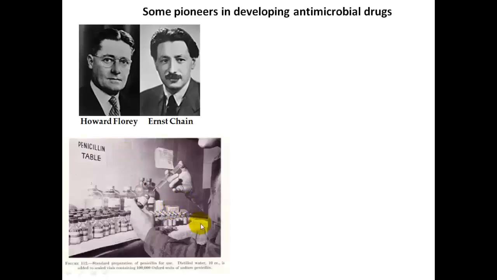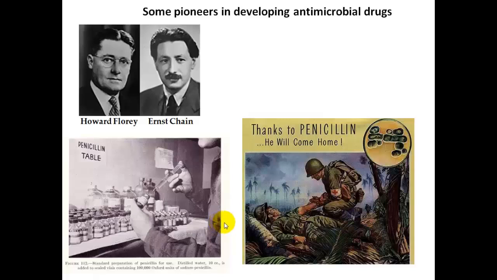Here's a picture of the mass production of penicillin that resulted from the techniques devised by Howard Florey and Ernst Chain. This happened during World War II, around 1940, and it actually played a big role in determining the outcome of the war. Because these antibiotics were available for the Allies to treat their soldiers with bacterial infections, it kind of gave them a leg up.